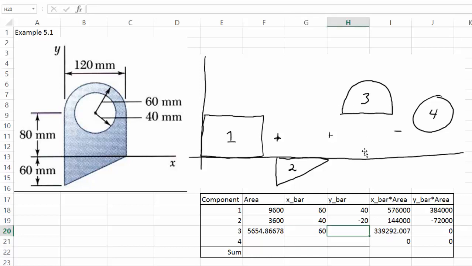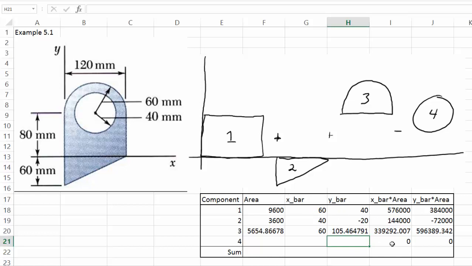What is our Y bar? We know it's 4r over 3 pi, but that's 4r over 3 pi from here. So for us, it's going to be equal to 80 plus 4 times r, which in this case is 60, divided by 3 times pi.